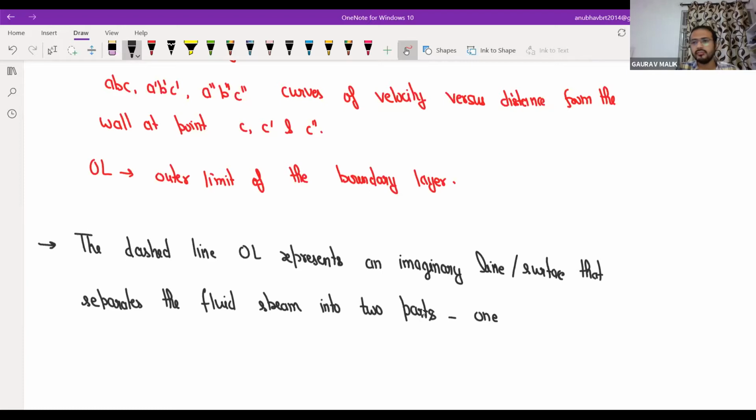As I already told you, one part where velocity varies from 0 to 99% of the free stream velocity, and second part where velocity is constant.